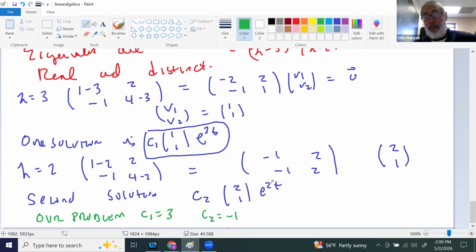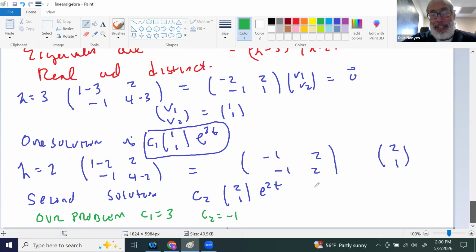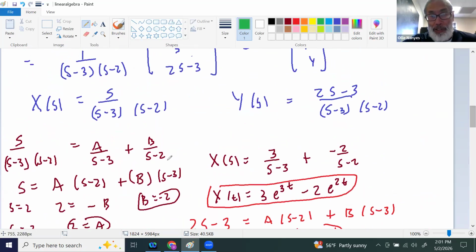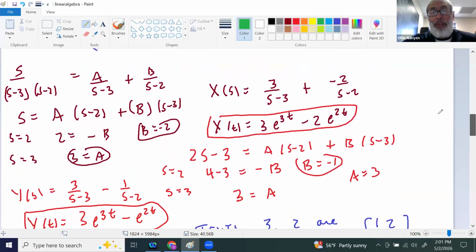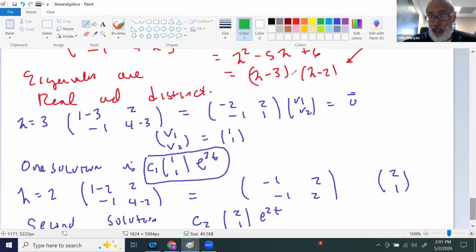That's what we did with Laplace transforms. So you see, you get the same thing. What changes is that you do have to do the eigenvector calculation that we don't have to do with Laplace transforms. But the roots of the characteristic polynomial are in fact the eigenvalues.